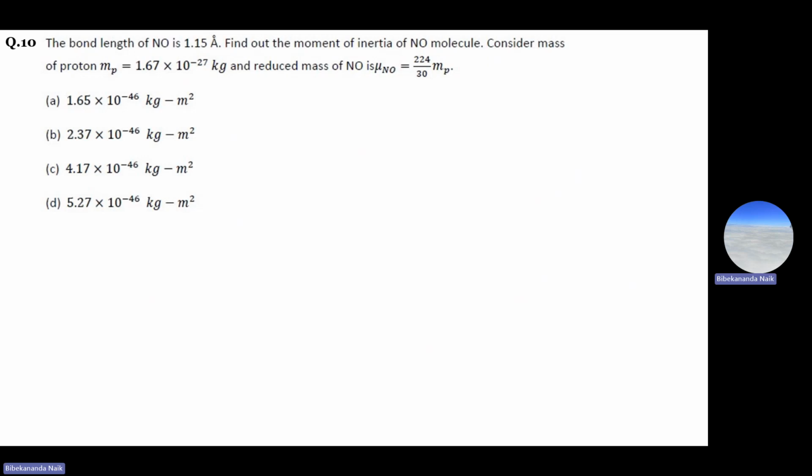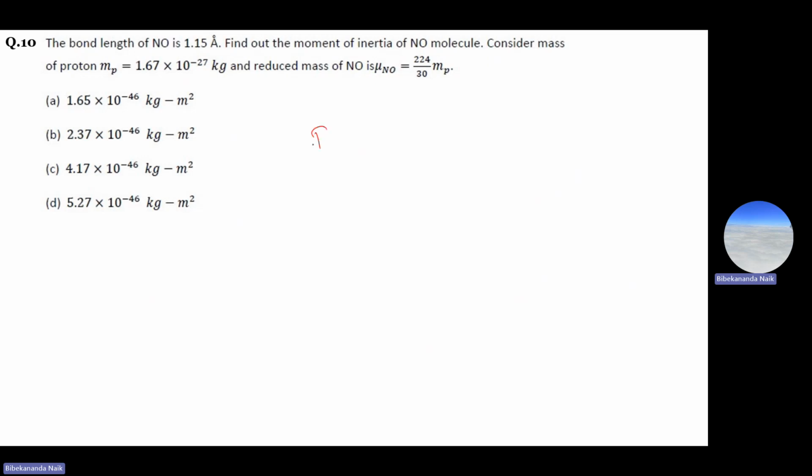Now, in the previous question, we first calculated the moment of inertia and then the bond length, but here the bond length is given and we need to find out the moment of inertia. So it is a very simple question. We don't need the rotational constant value here.